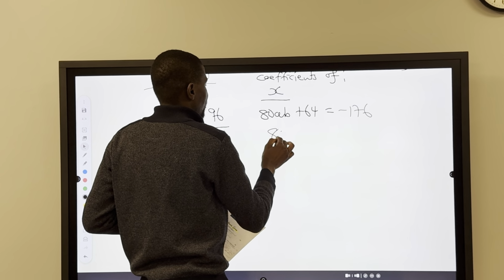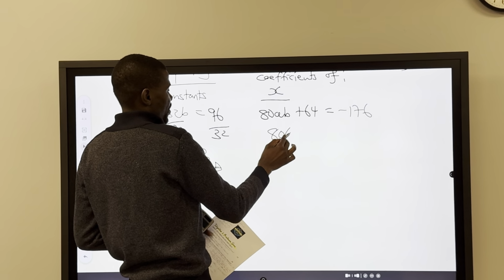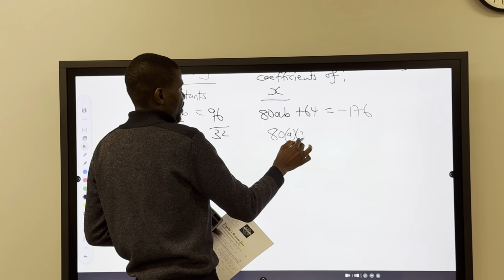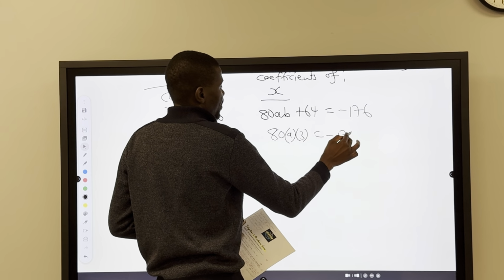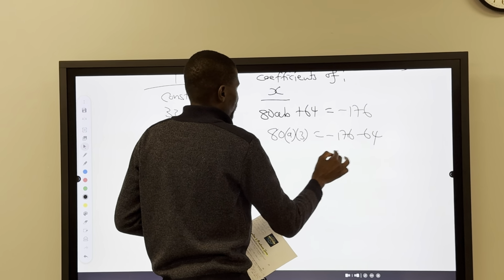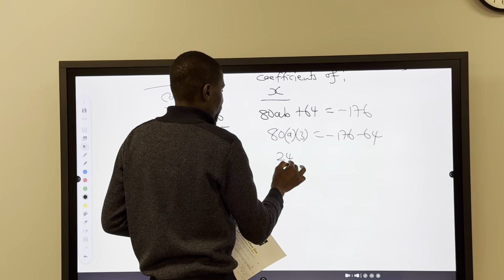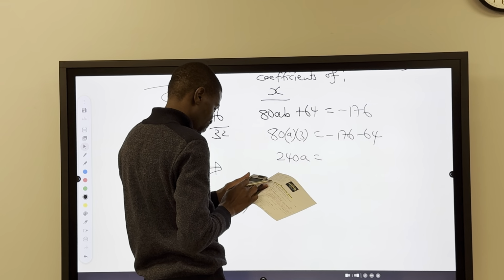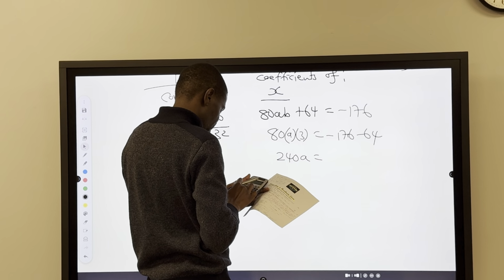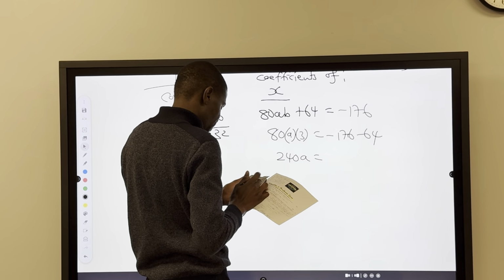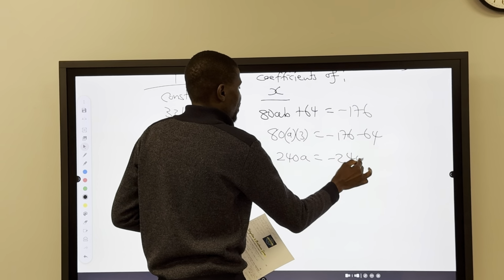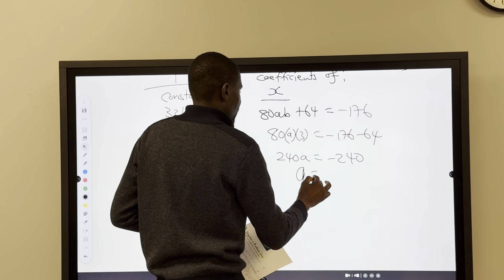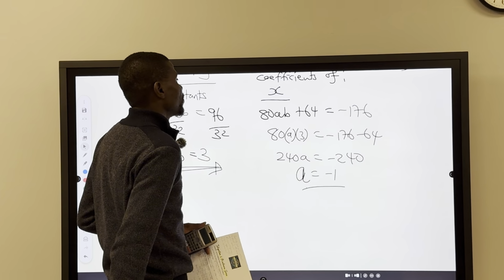So 80, remember b is 3, equal to negative 176 minus 64. So 240a equals negative 176 minus 64, which is negative 240. So a equals negative 1.